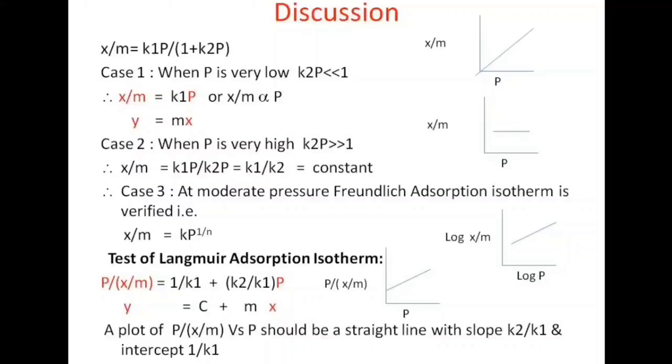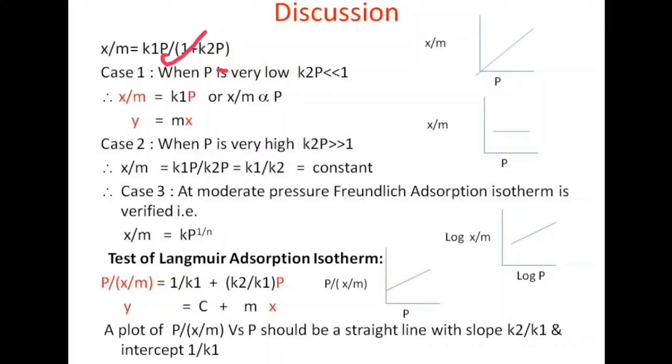Now let us discuss why x by m is constant at higher pressure, which is nothing but a limitation of the Freundlich adsorption isotherm. So here we take 3 cases. Case 1, when P is very low. According to this equation, if P is very low, then K2P is much less than 1. That means K2P is neglected as compared to 1.